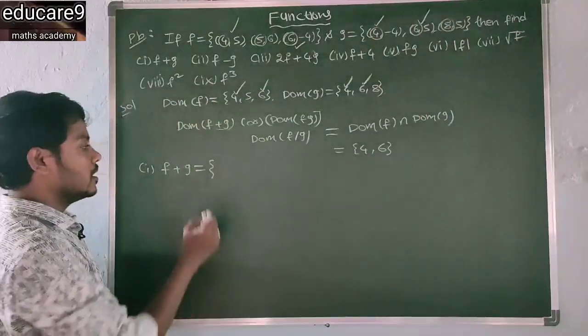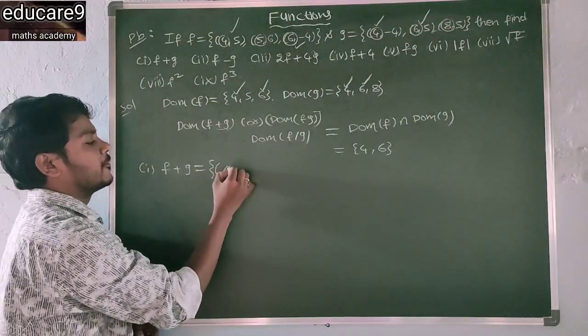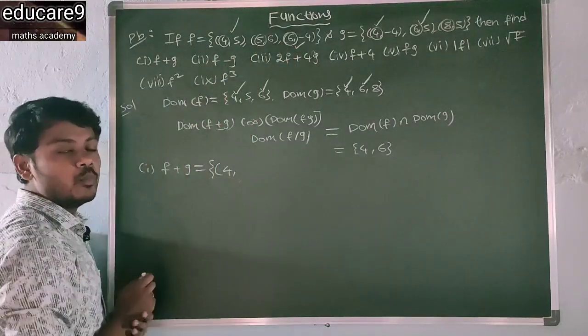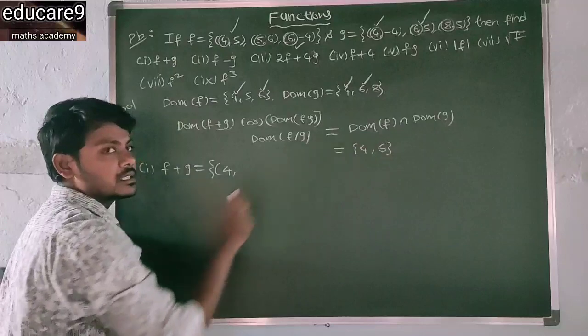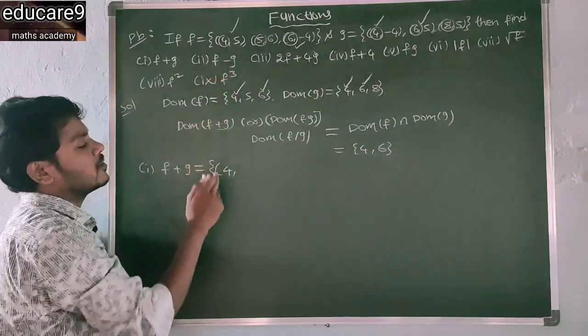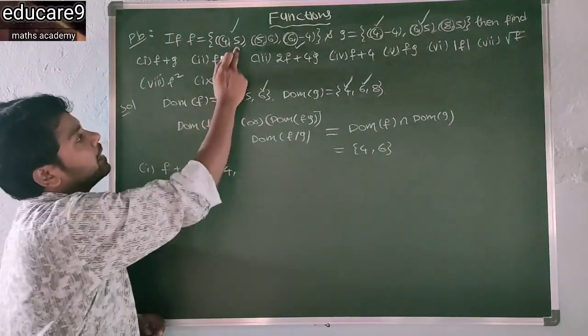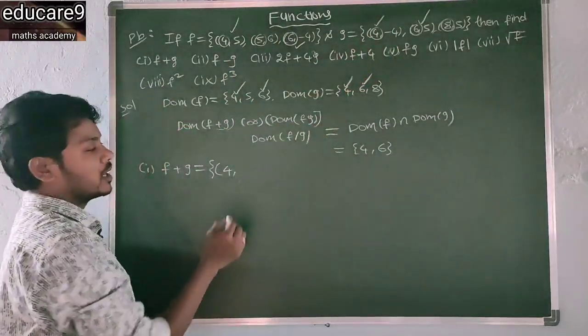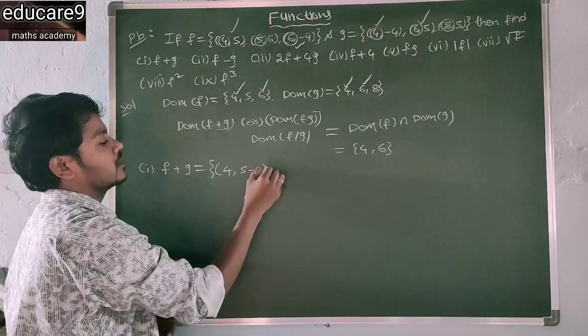Now clearly for adding f plus g, so take intersection of both domains that are 4 and 6. So clearly 4 is the original value, right as it is, and add here 5 minus 4. So add codomain values.